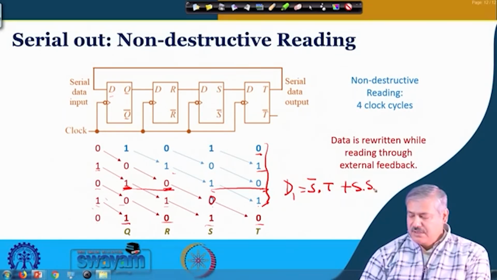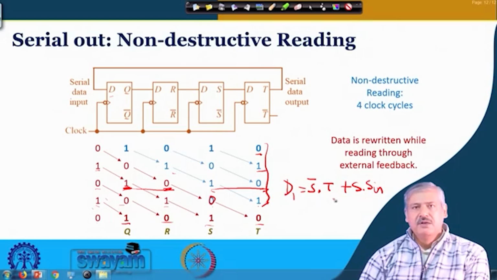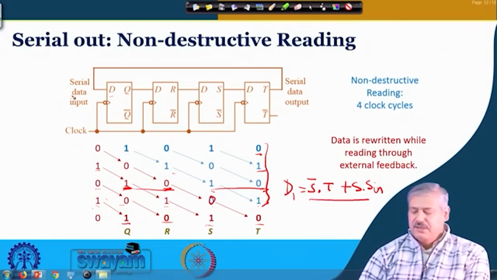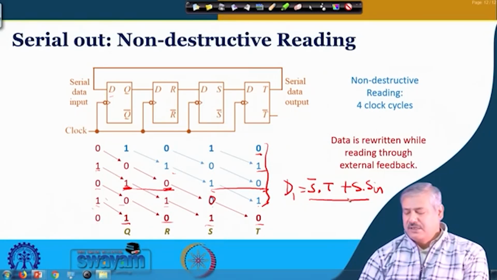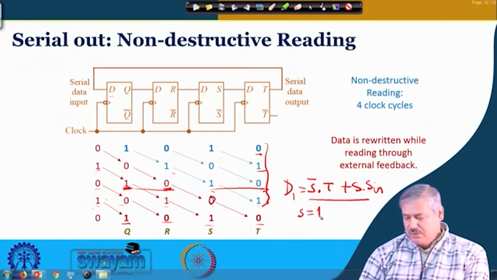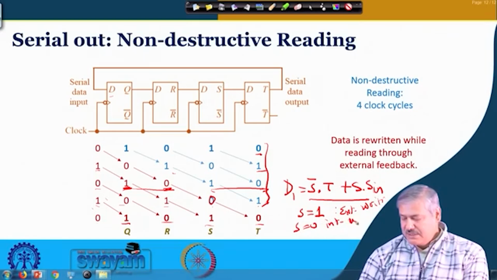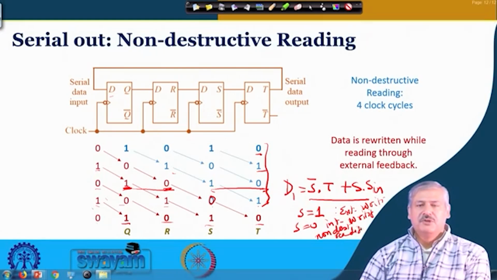So, that is the serial input. So, you just need to have a small logic circuit over here by which if you put it in this manner, then it will be external writing when S is equal to 1. So, this is serial in and this is external writing, and S equal to 0 is internal writing, which is nothing but non-destructive reading. Is it okay? Have you understood this part?